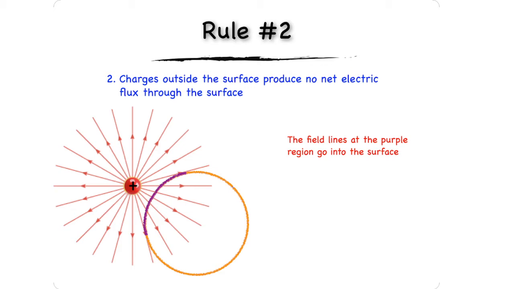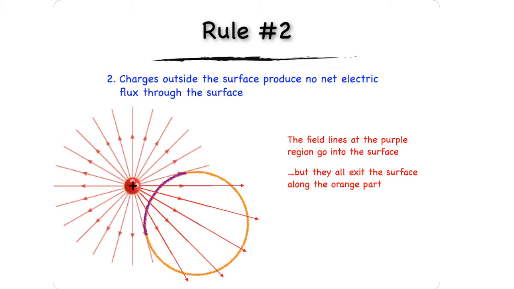So, for example, we have this positive charge outside of our circle here, and for this highlighted purple region, the field lines are going into our surface. But if I extended those field lines, they all have to exit on the outside.